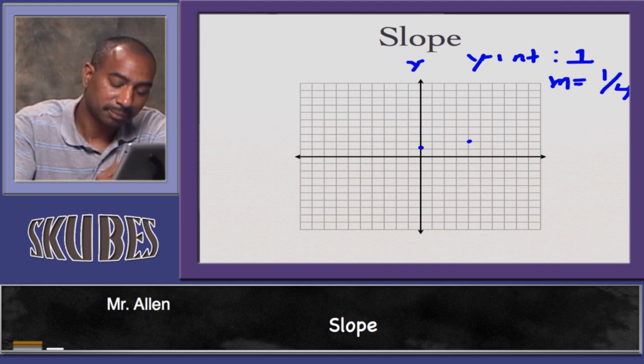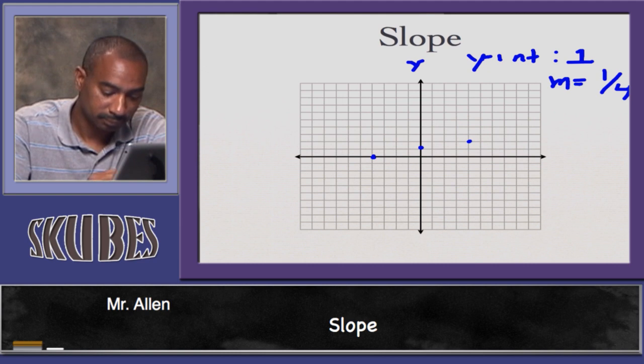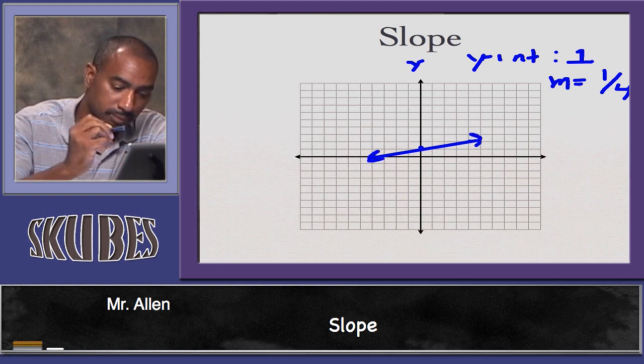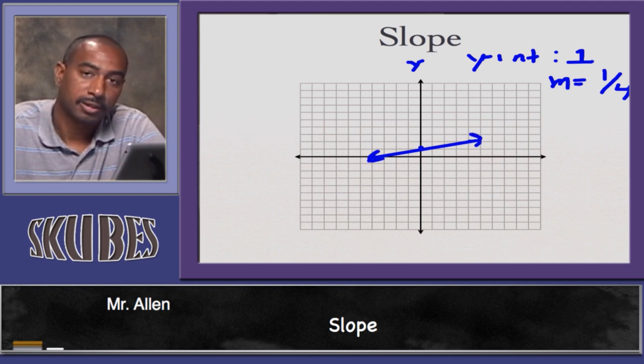Or I can go the other way around. I could say to the left 4, 1, 2, 3, 4, and then down 1. And that's going to be our line. And it continues in both directions. This concludes our lesson for today.